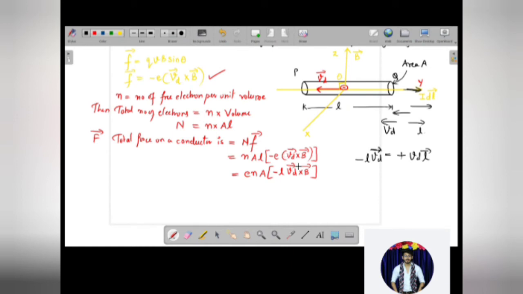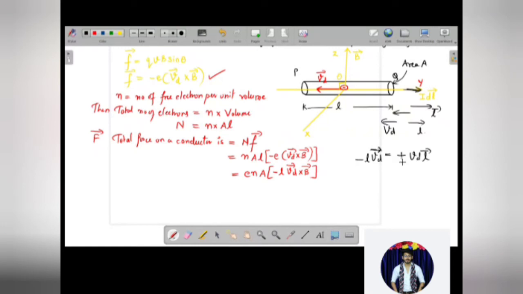So remember, while shifting the vector sign from one vector to another vector, you have to make this sign positive, because both are opposite to each other. See, IDL is going this side, that means L is going this side, and VD is opposite. Both are opposite to each other. So since I am shifting the vector sign, this minus will become plus.